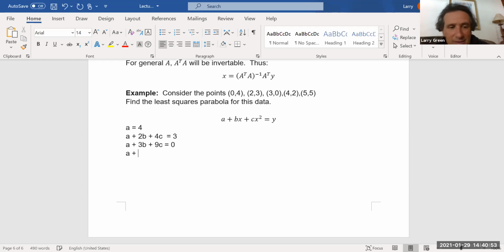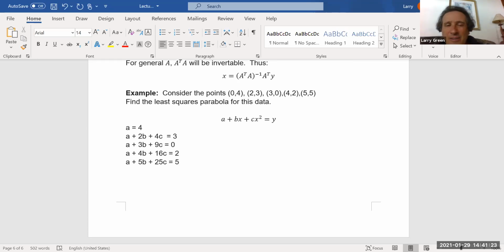A plus 4B plus 16C is equal to 2. And the last one is 5 comma 5. So we get A plus 5B plus 25C is equal to 5.